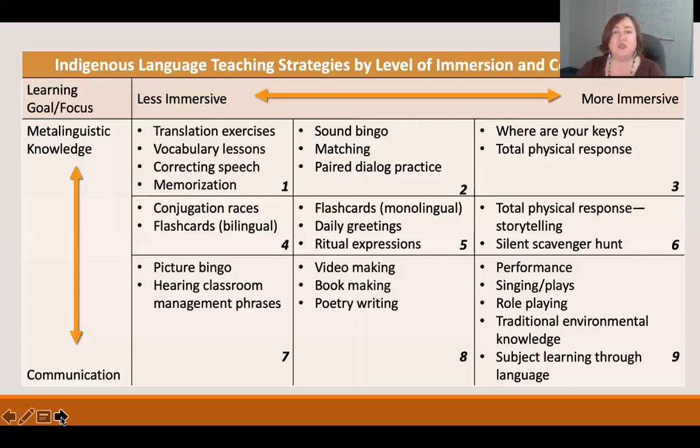So this is something that I call scaffolded immersion, where you're actually providing structure and moving from less immersive to more immersive activities. And that could be within a lecture, it could be within a week or a unit, it could be within the entire curriculum for a semester.